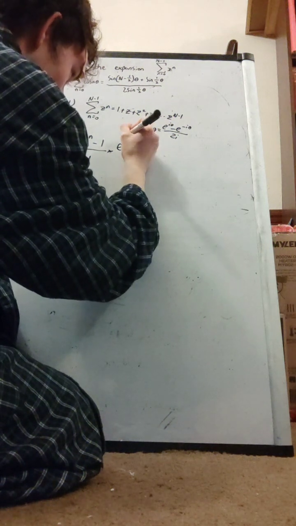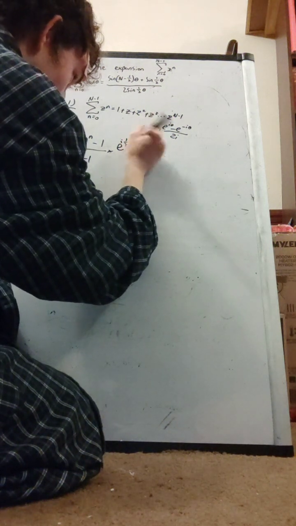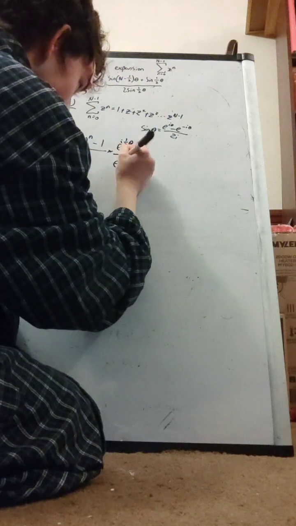So e to the i half theta over e to the i half theta, using de Moivre's theorem. Well, we're not going to get to that yet, actually.